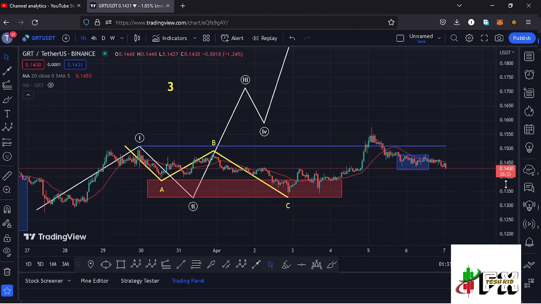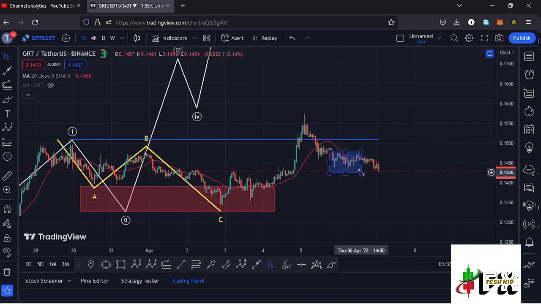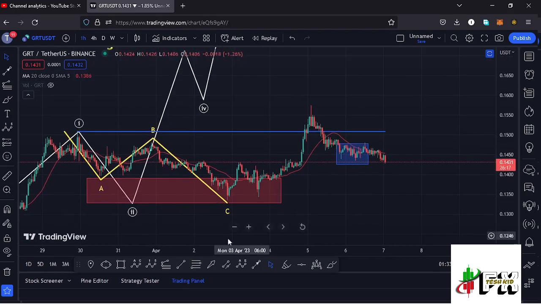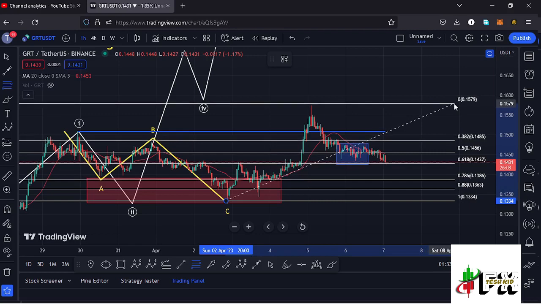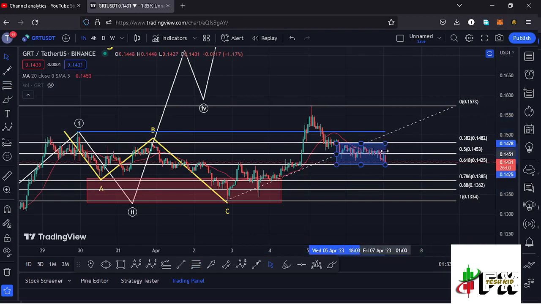But in case the breakdown continues here on the GRT chart, and in my previous videos I gave you a target area that we need to continue holding within for us to still say that we are seeing a bit of an impulsiveness in the formation of this wave 3, and that target area I was able to come up with by connecting the Fibonacci's from the low of the second wave to the high that we made at around the $0.1579 mark, and that gave me a target area between the fib level 0.5 and the fib level 0.618, and we can extend that to the fib level 0.78 at around the $0.1385 mark.